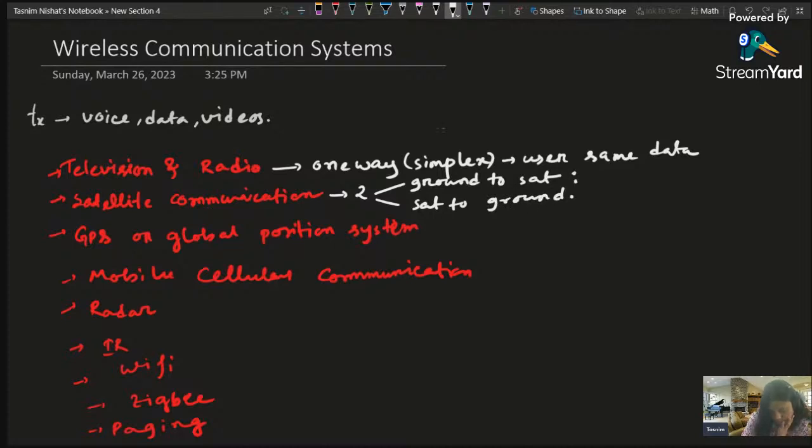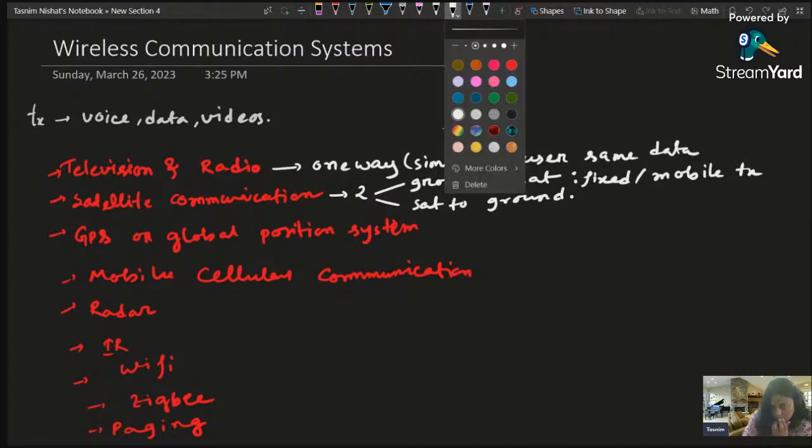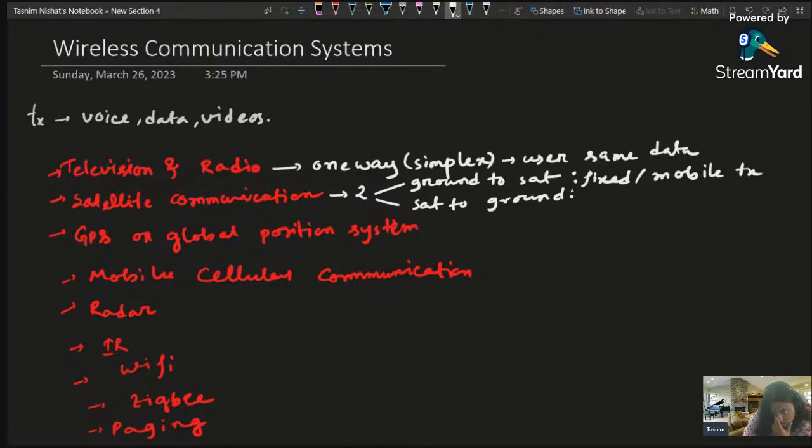So this portion is fixed or mobile transmission, and the satellite to ground part, this is reception and space segment.